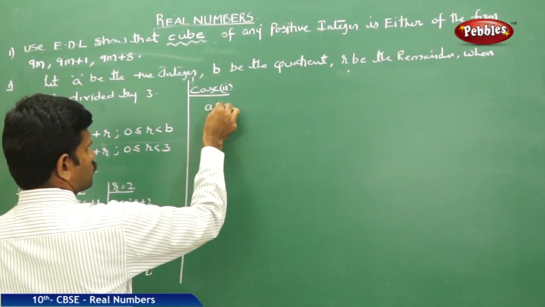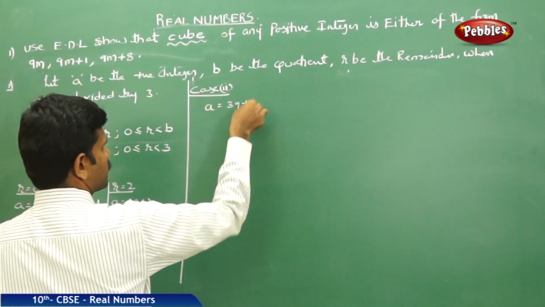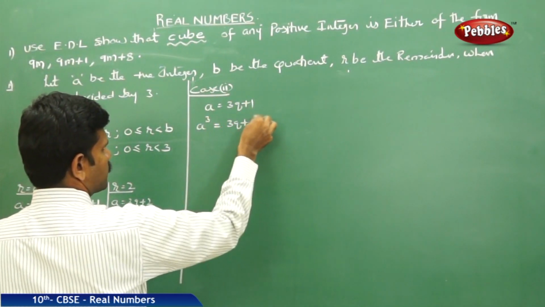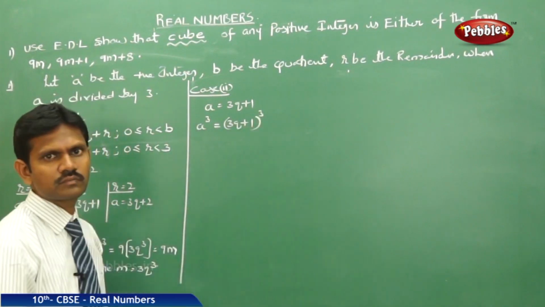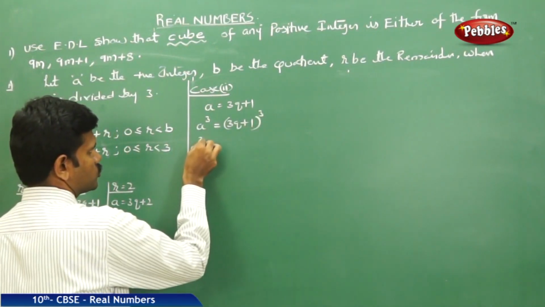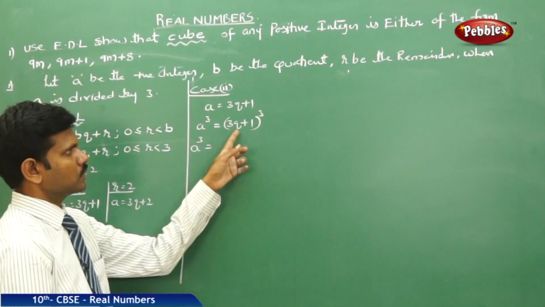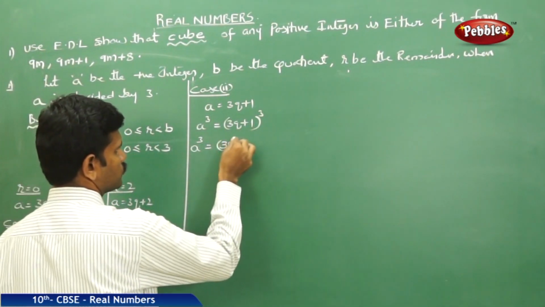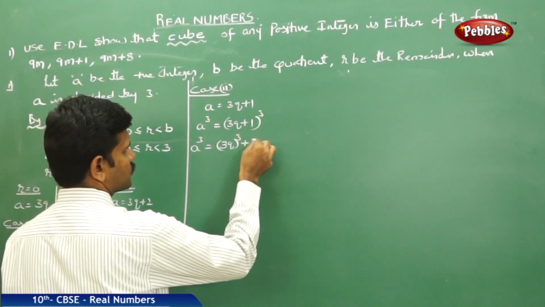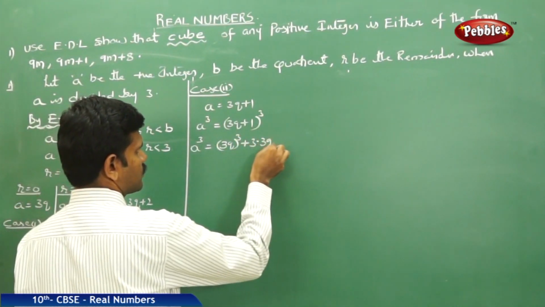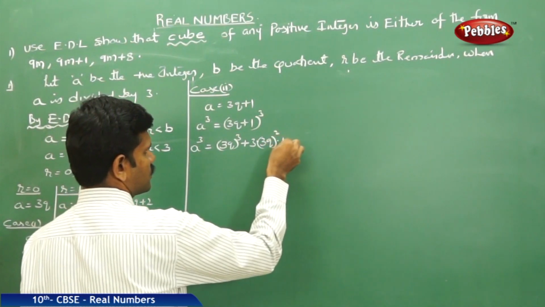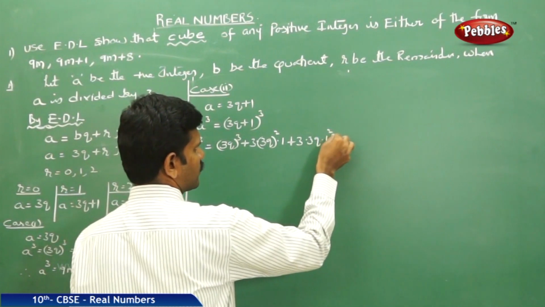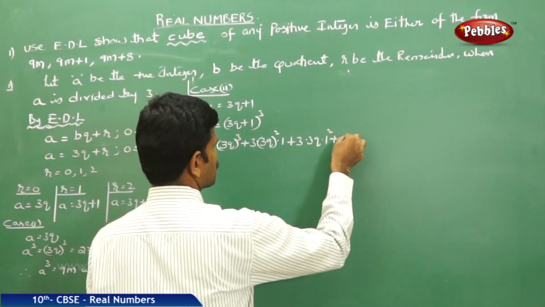A is equal to 3q plus 1. A cube is equal to (3q plus 1) whole cube. That is, (a plus b) whole cube is a cube plus 3a square b plus 3a b square plus b cube, nothing but 1 cube.